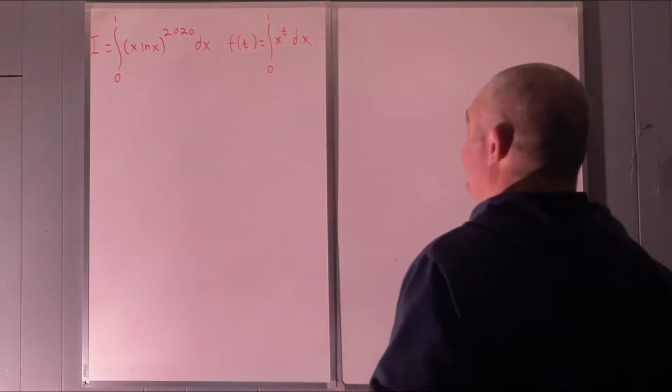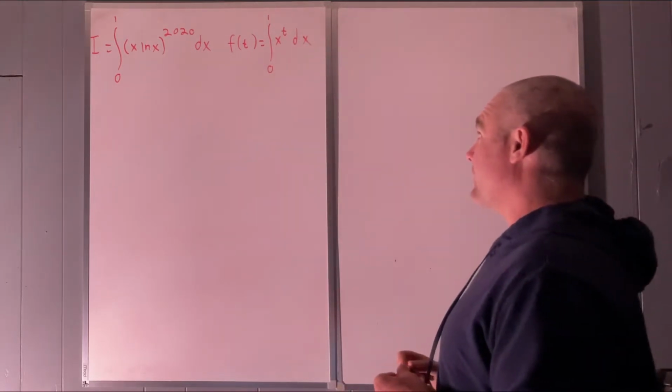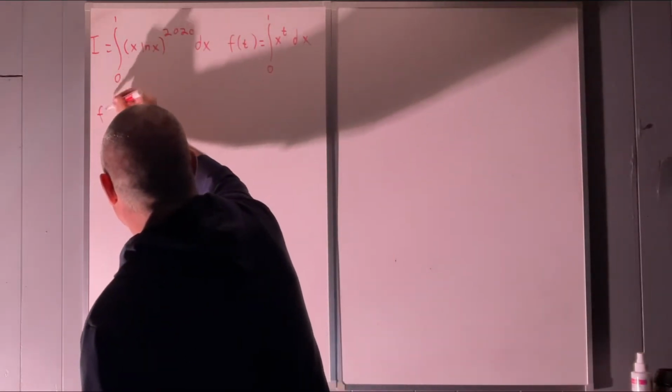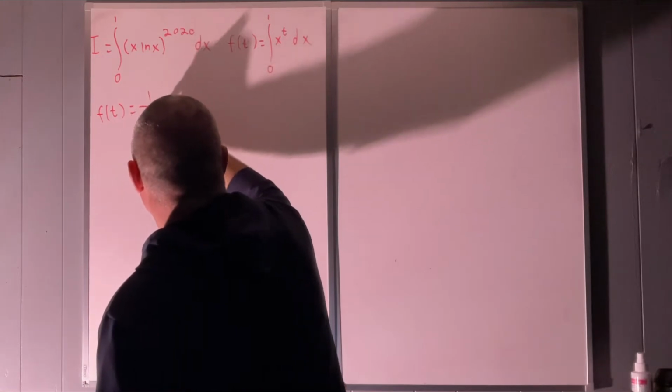That's very easy to evaluate. That's just going to be x to the t plus 1 over t plus 1 evaluated from 0 to 1, and that will give us f of t being equal to 1 over t plus 1.